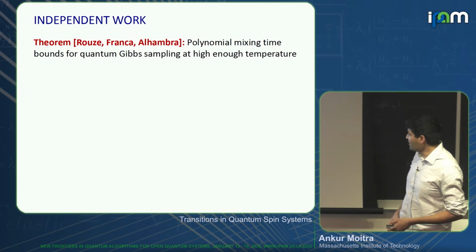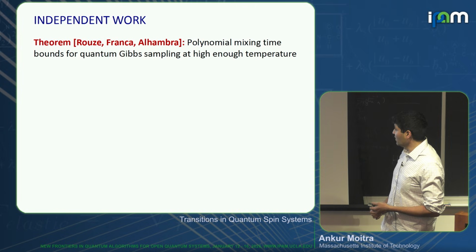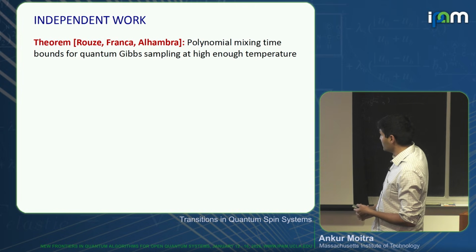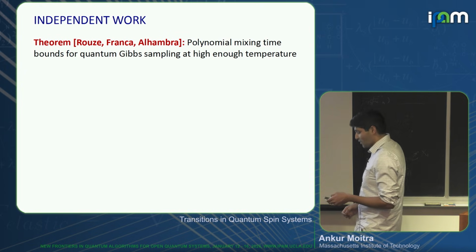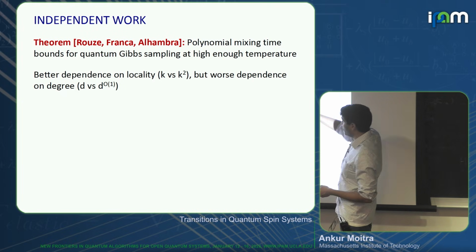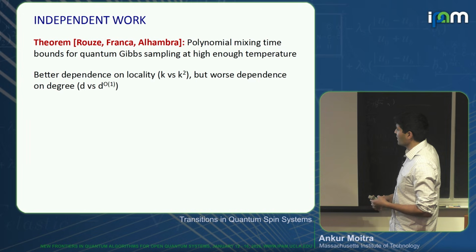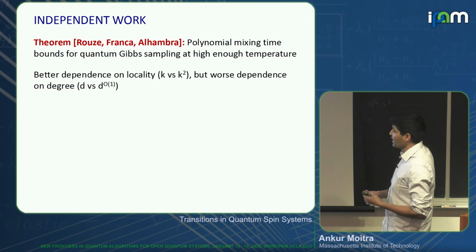So let me tell you about some independent work, which was really nice, of Rouget, Franca, and Alhambra. In parallel, they gave a polynomial mixing time bound for quantum Gibbs sampling, again at high enough temperature. Their work is really beautiful. I think probably many of you have read this paper too. There are some differences in our bounds. They get a better dependence on locality, so k versus k squared, but a worse dependence on the degrees.